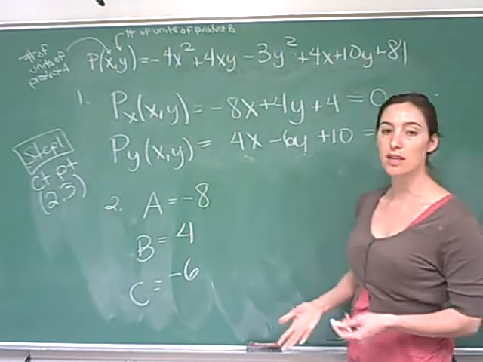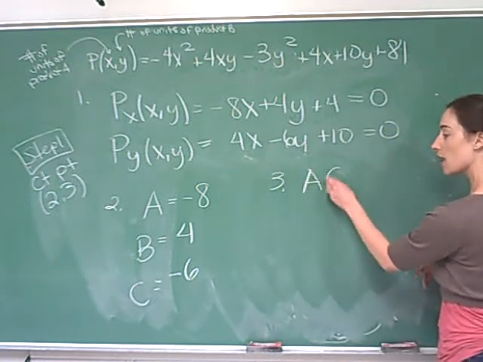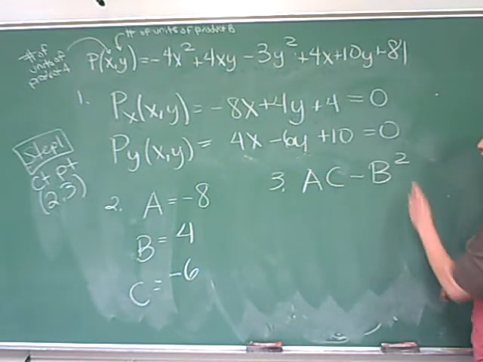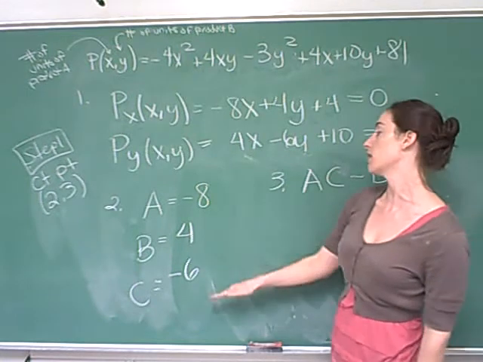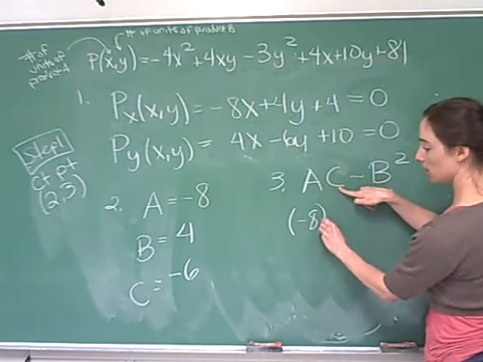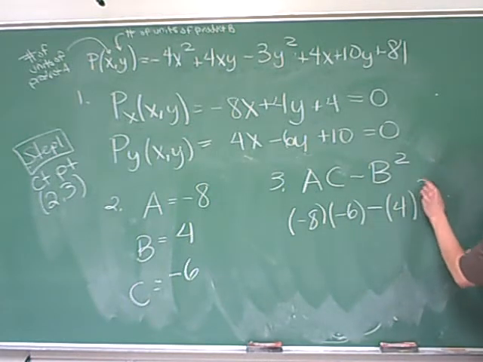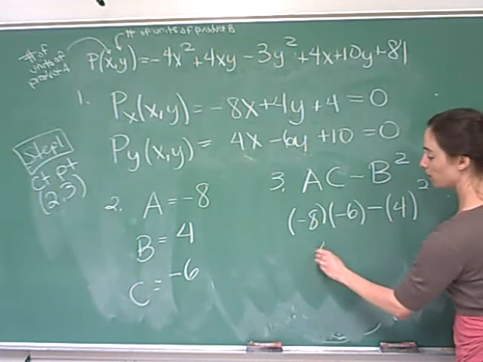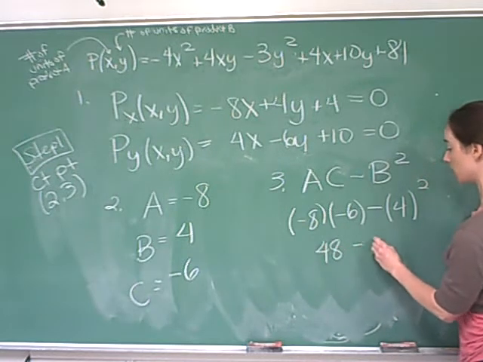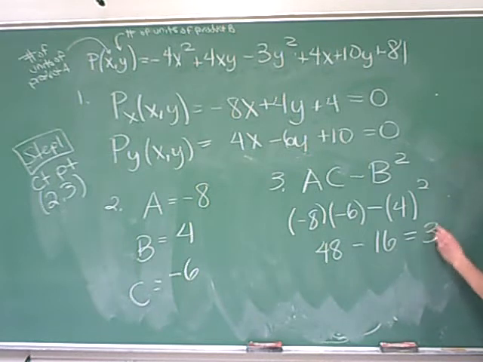Okay. Because my step 3 says that I need to do my calculation of a times c minus b squared based on the values I found in the previous step. So a is -8, c is -6, minus b squared. So that's going to give me a 48 minus 16, which will be 32.